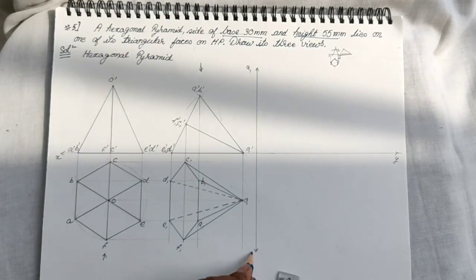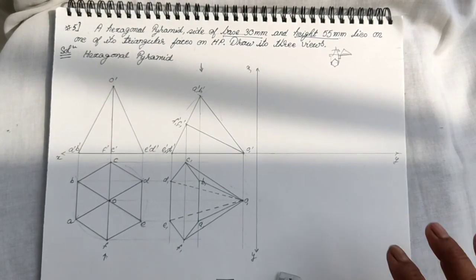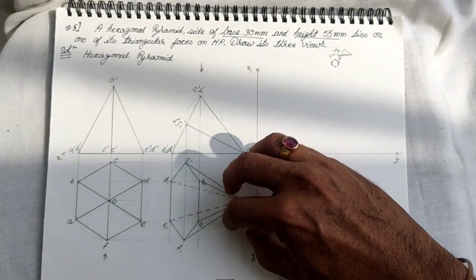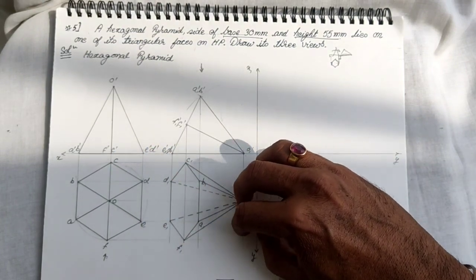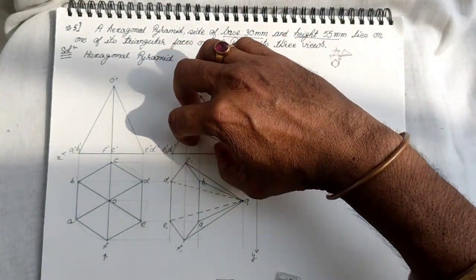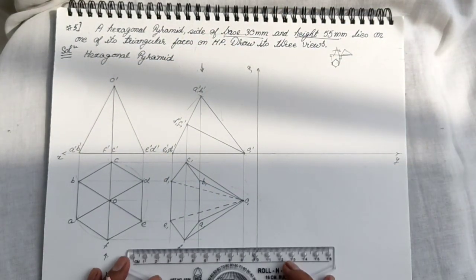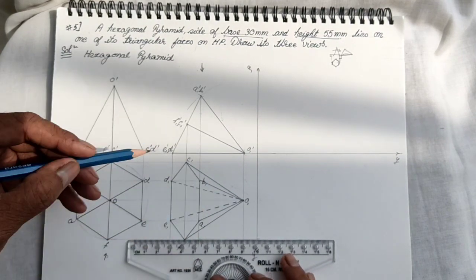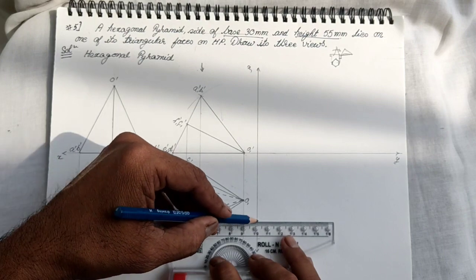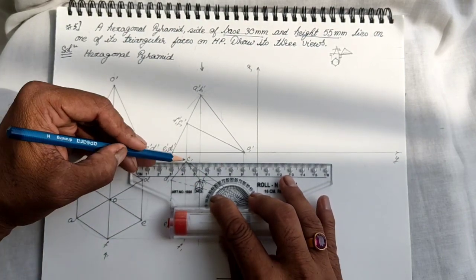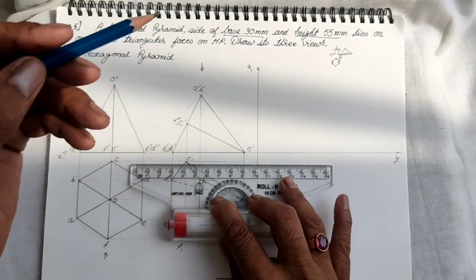To get the left hand side view, we will drag all the loci from the top view, rotate it and project it, and from the front view we will get the height of all the corners. So let us first drag these loci of all the corners till the x1 y1.